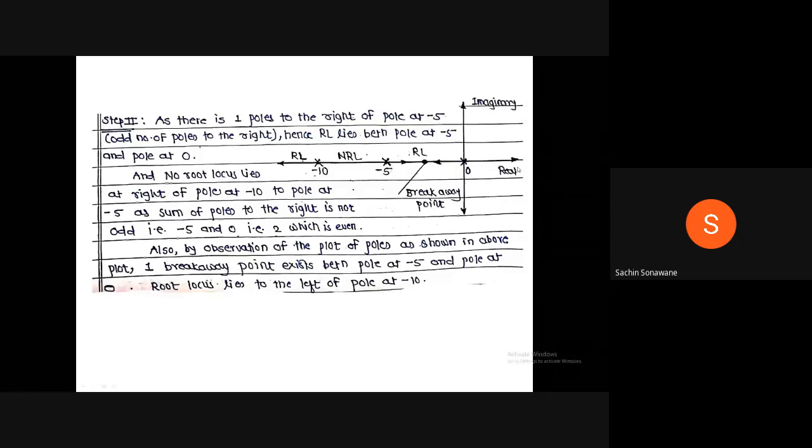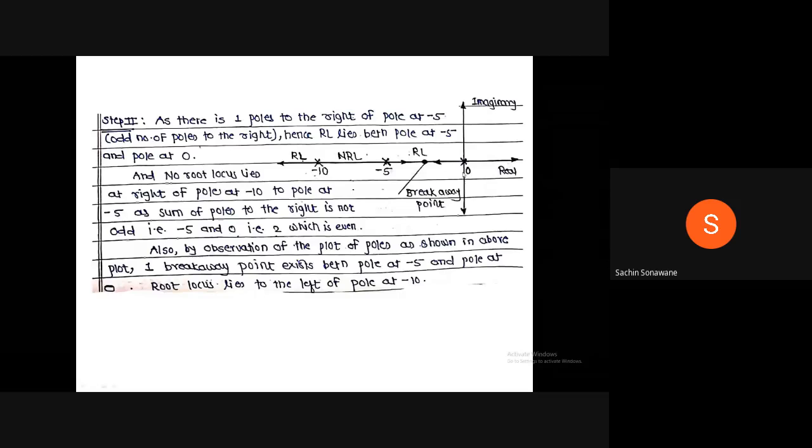The X axis is known as the real axis and the y axis is known as the imaginary axis. Towards the left side is negative value, towards the right side is positive value. Locate the points 0, minus 5, minus 10. Since they are poles, they are indicated by a cross.